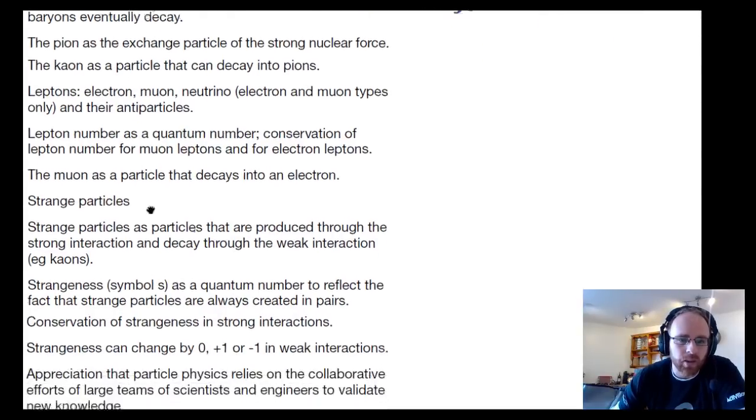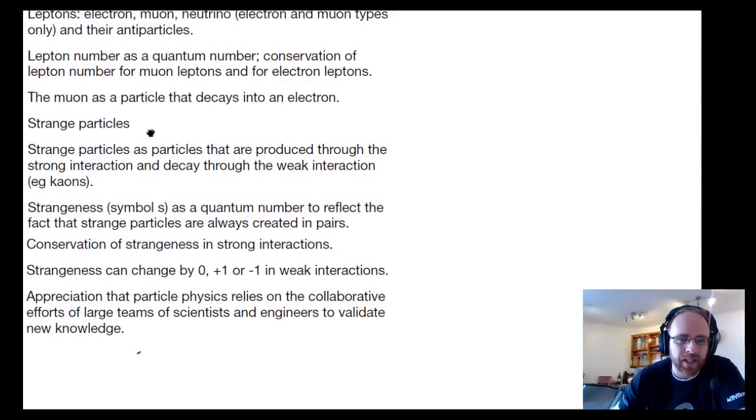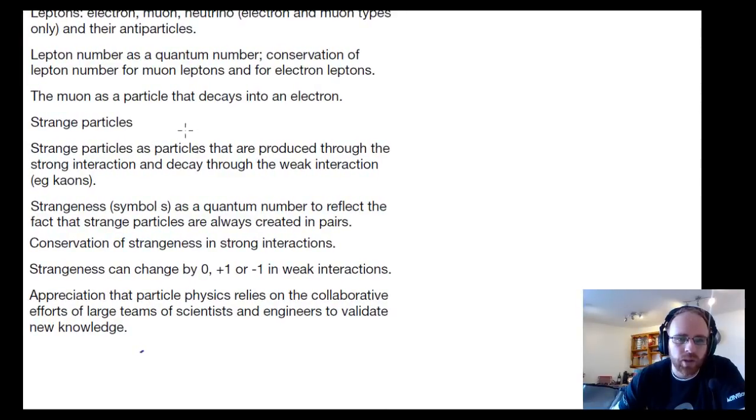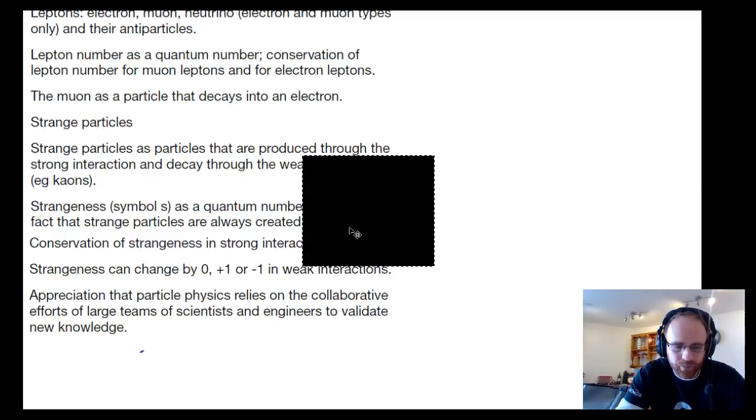Conservation down here. A muon is a particle that decays into an electron. So muons, as heavy electrons, are leptons, and they can decay into electrons, and there should be a decay equation for that, whether you need to know it or not. I wonder. Oops. Nope.